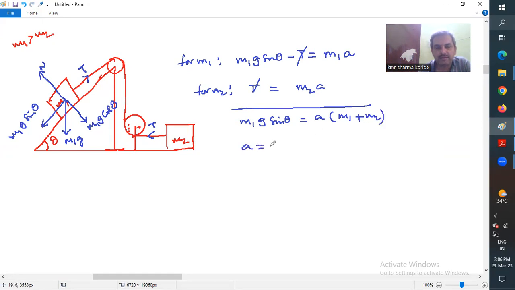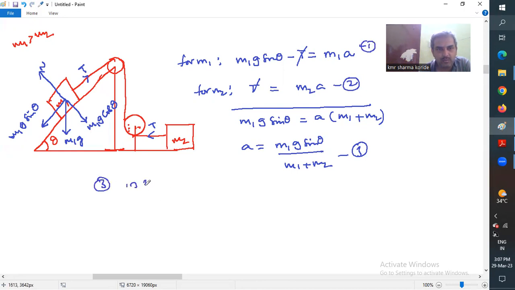The equation of acceleration will be a equals m1g sin theta divided by m1 plus m2. You call this equation 3, this equation 2, and this equation 1. If you substitute equation 3 in 2, you will get the equation of tension. So T is equal to m2 of m1g sin theta divided by m1 plus m2.